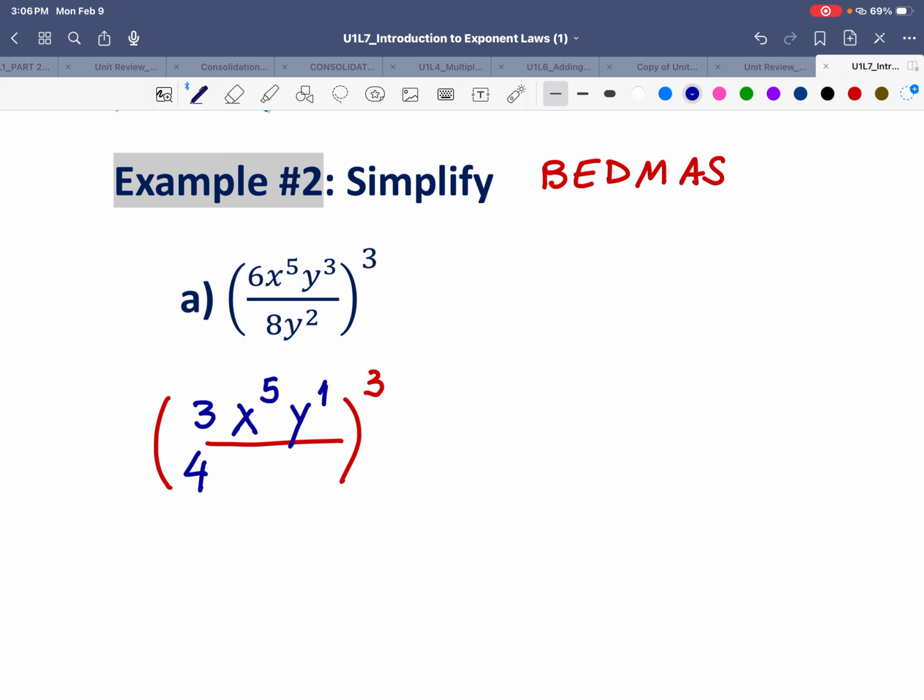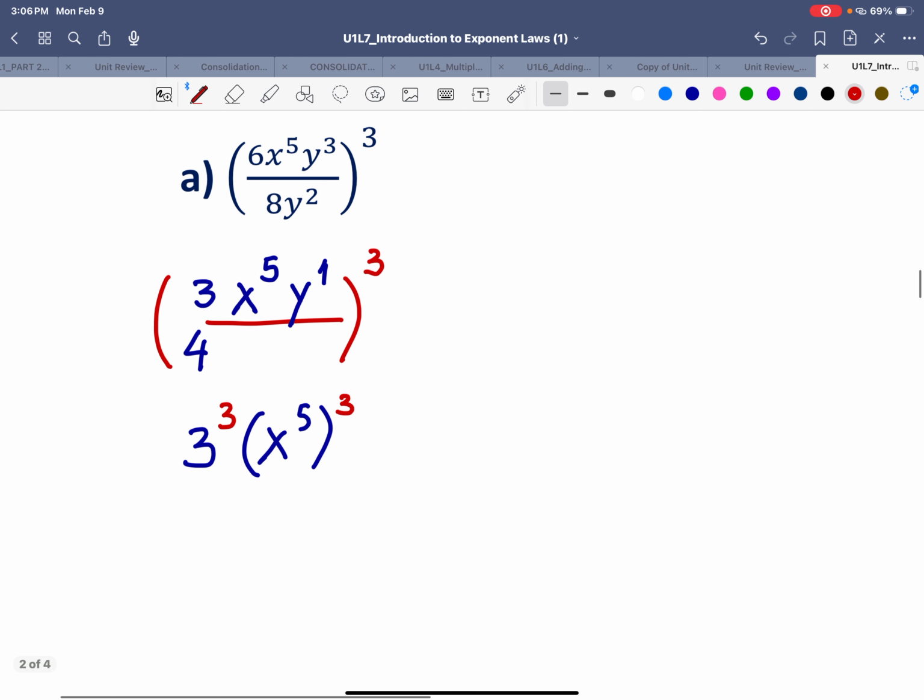So we're going to have 3 to the power of 3, and then x to the power of 5 to the power of 3. Obviously, you can follow a shorter way, so you don't have to show the steps all the time, the way I am right now. That's for the purpose of explaining things at this moment. And 4 to the power of 3.